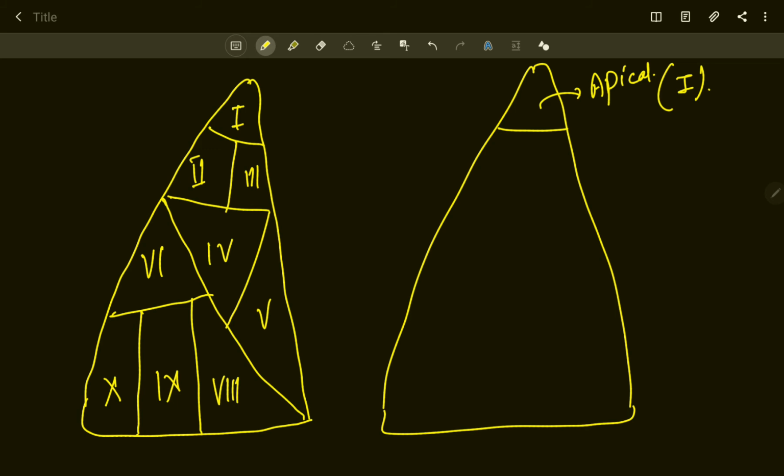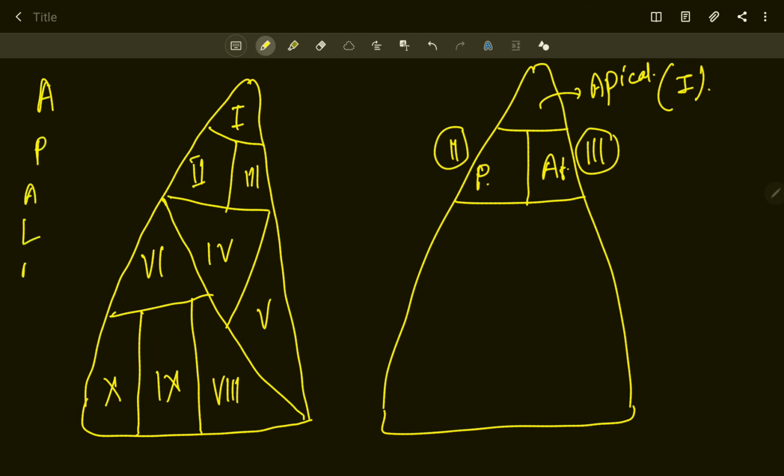Next, the posterior bronchopulmonary segment is this one. P for posterior, and A for anterior. Your posterior bronchopulmonary segment is numbered 2. Your anterior bronchopulmonary segment is numbered 3. APAM: A, P, A, L, M.